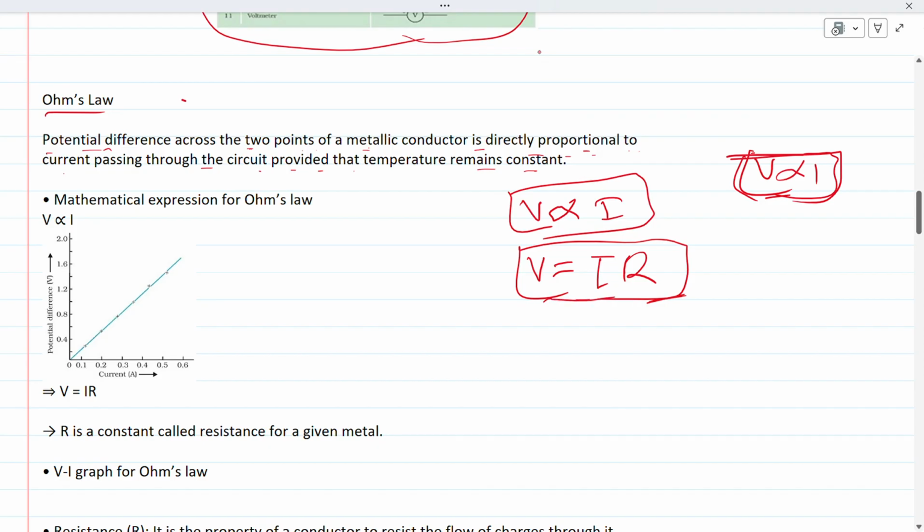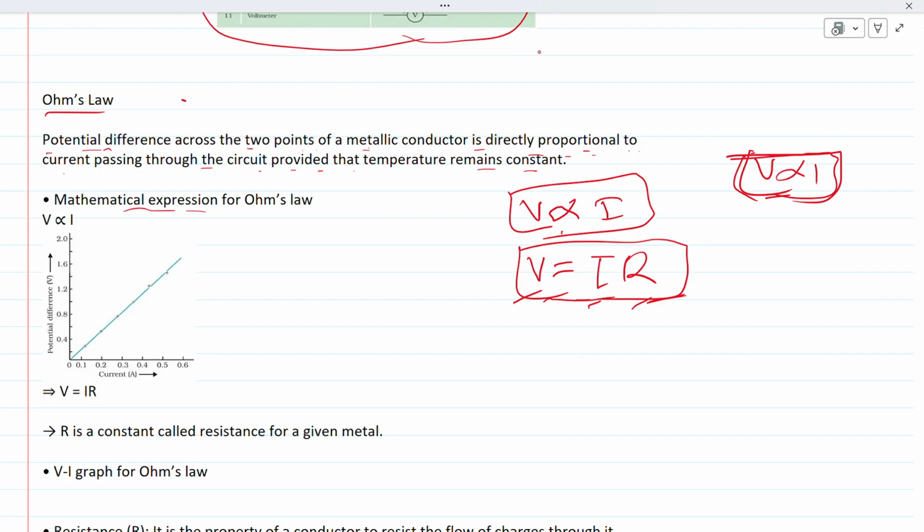The potential difference across the ends of the conductor is directly proportional to the current flowing through the conductor, and we remove this proportionality sign and put R as the resistance of the wire, where V is potential difference, I is current, and R is the resistance of the wire.